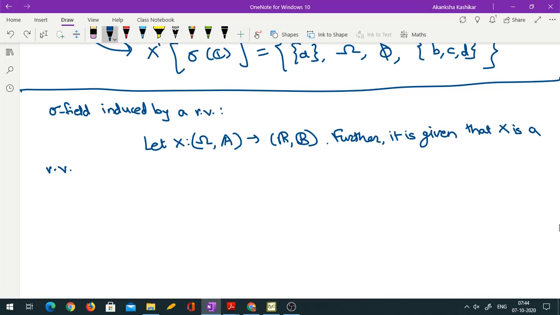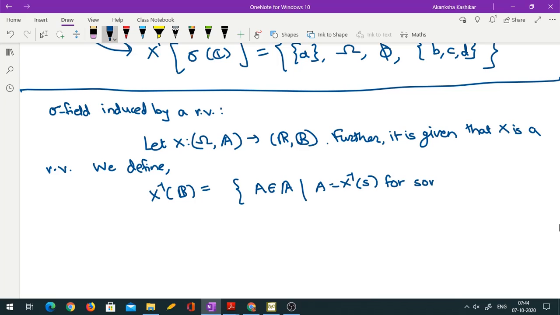Okay, so we define X inverse of script B as the collection of all those A's in script A such that A is equal to X inverse of S for some S in B. Okay, so we are basically collecting inverse images of all the Borel sets.